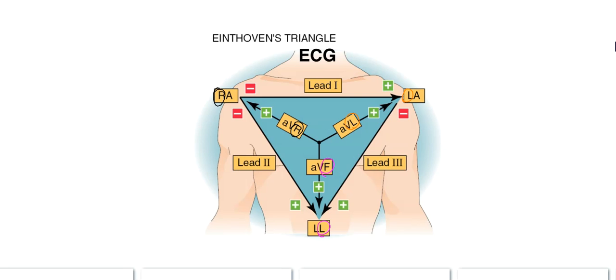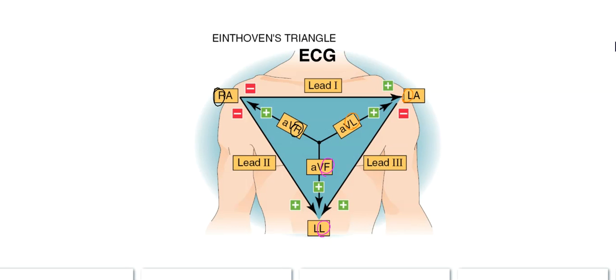What about the negative? It's essentially the electrical average of the other two. So for aVF, the positive is the lead from your electrode on the left foot, which is directly attached to the positive for your aVF.